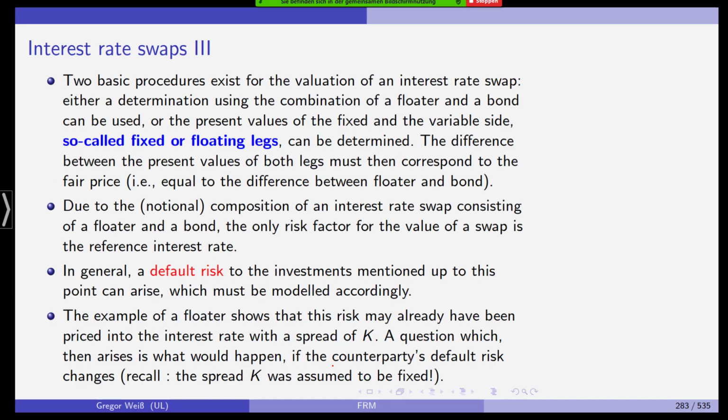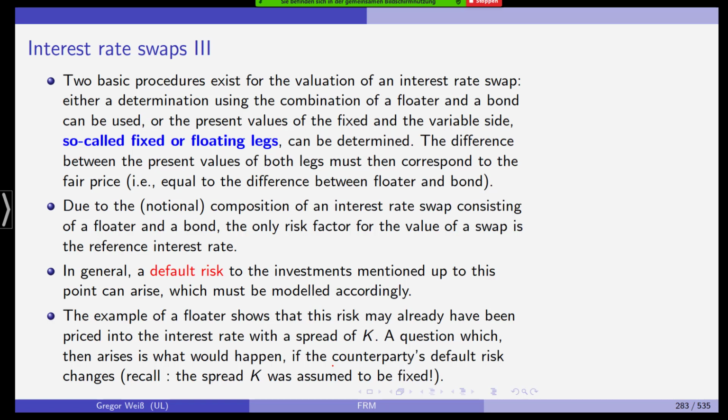Now, we have two basic procedures that exist for the valuation of an interest rate swap. We can either combine a floater and a bond, or we take the present values of the fixed and the variable side, and they are called the fixed or the floating legs of the swap. Now, the difference in the present values is always the price of the swap contract.